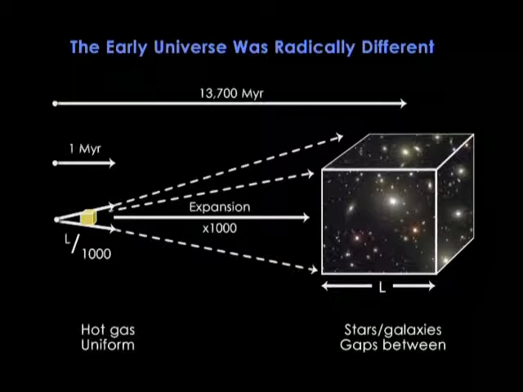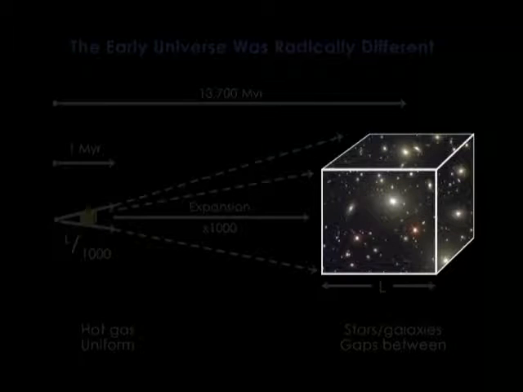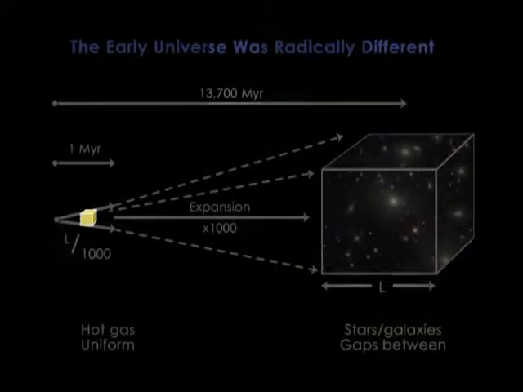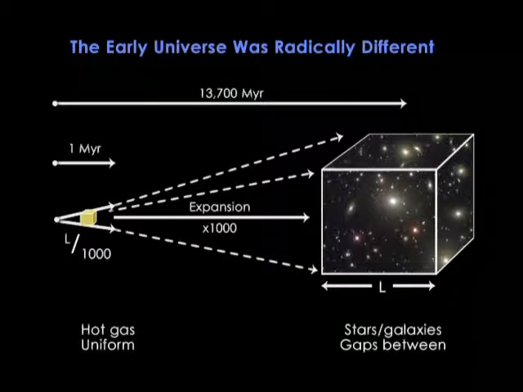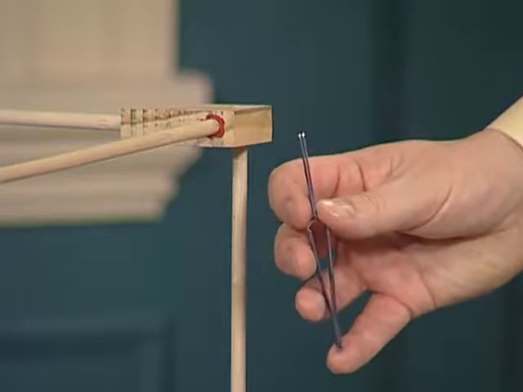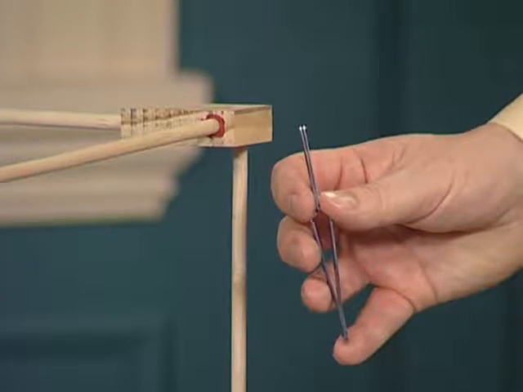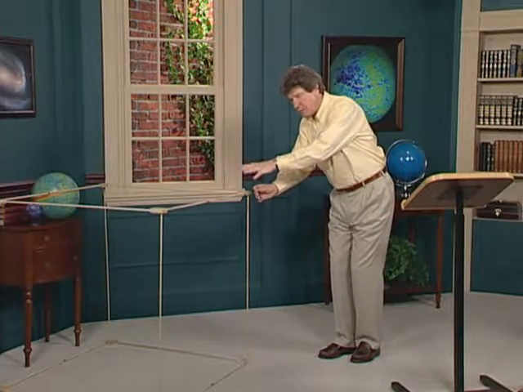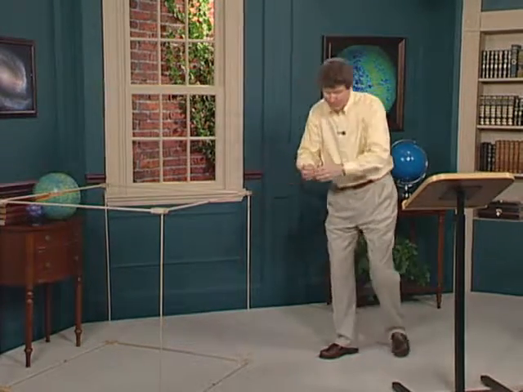First, everything inside today's big cube was packed inside a tiny cube about 1,000 times smaller. This diagram, in fact, is way off in scale. Now look, here is the real difference. A 1 meter cube and a 1 millimeter cube. That's an amazing difference. That's a factor of 1 billion difference in volume.